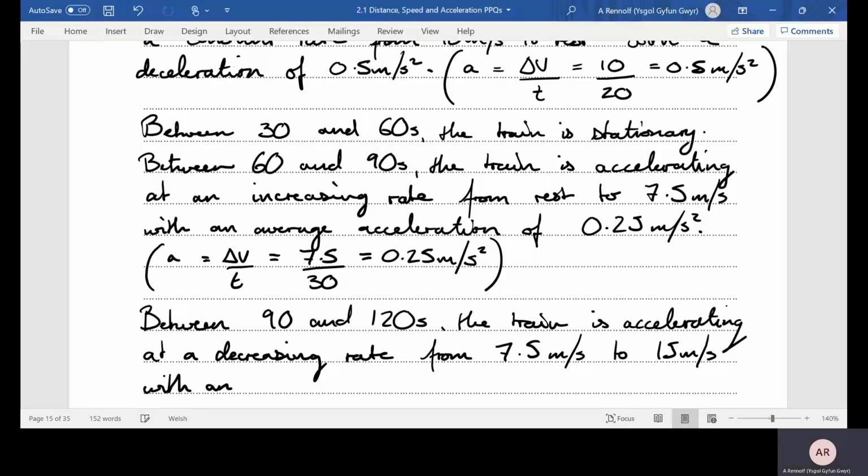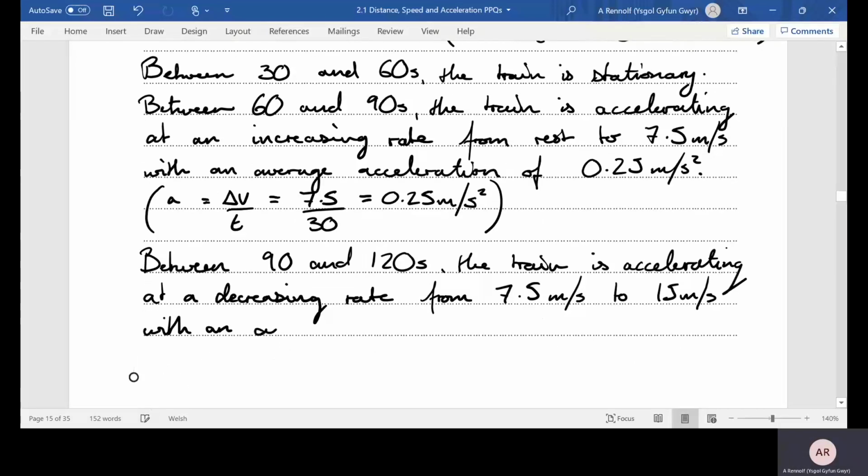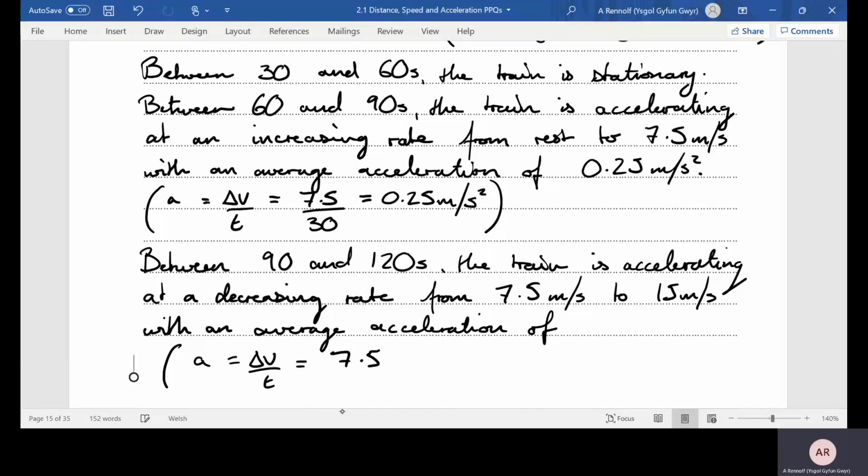Again, we want to calculate the acceleration with an average acceleration of, let's do the calculation. A is delta V over t. Our change in velocity is 7.5 again here, so we're going from 7.5 to 15. So 7.5 over 30 again, between 90 and 120. That gives us 0.25 like we had before.